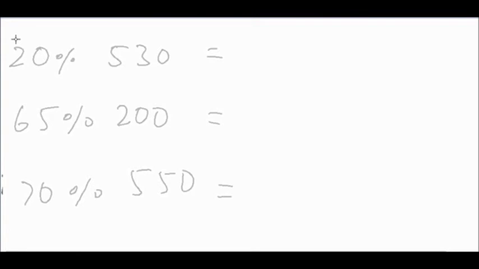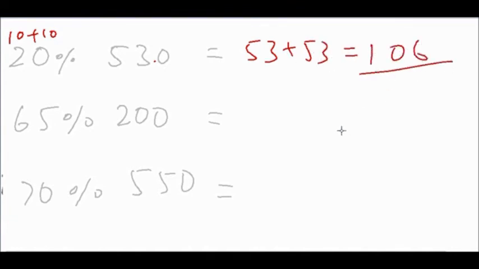20 is basically 10 plus 10. So 10% of 530 is just putting the decimal here, 53. So 53 plus 53, which is 106. This is our answer. 65 is 50 plus 10 plus 5.